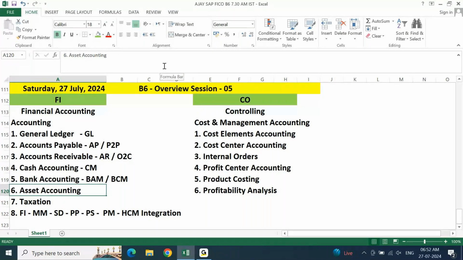In FSCM, you have Bank Account Management or Bank Communication Management, which will talk in depth related to your banking, where you talk about DMEs, all these kinds of things are handled in depth in your FSCM. But from the FI point of view, this is covered to some extent only. Banking is completely not covered in FI. Banking is covered completely in the FSCM module with a functionality called BAM or BCM.